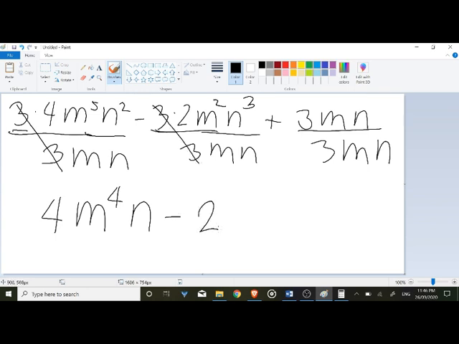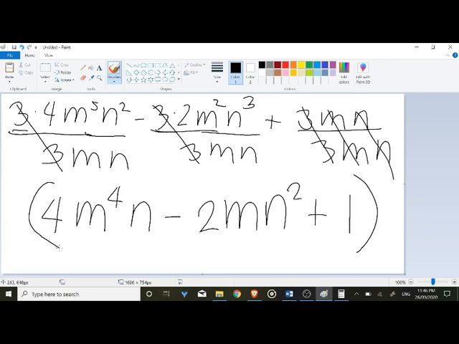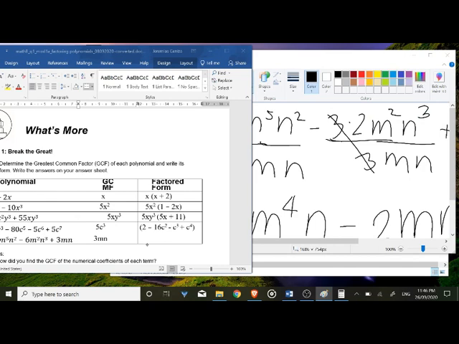So, si 2 na lang. 2 minus 1, that's m. Si 3 minus 1 for n, that's n squared. Plus 3 over 3, m over m, n over n, that is 1. So this is now your other factor of the polynomial. So yun ang isusulat natin dito.